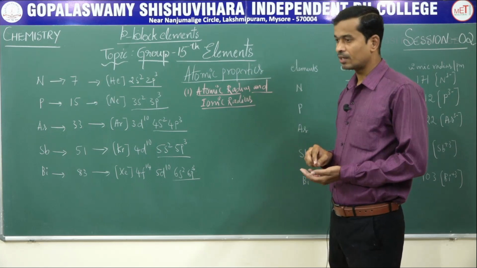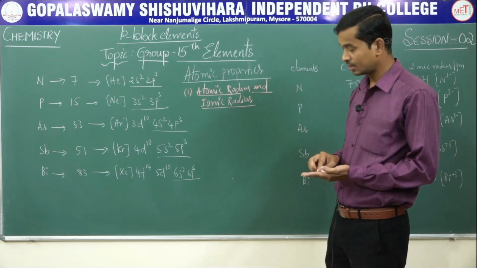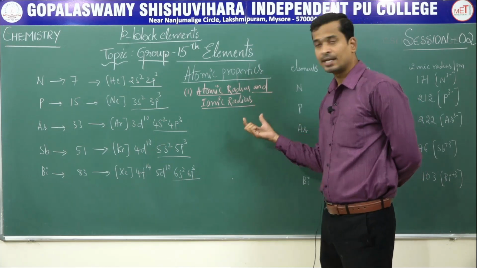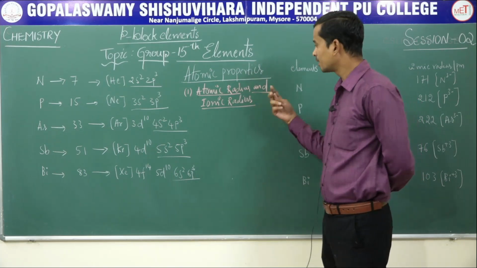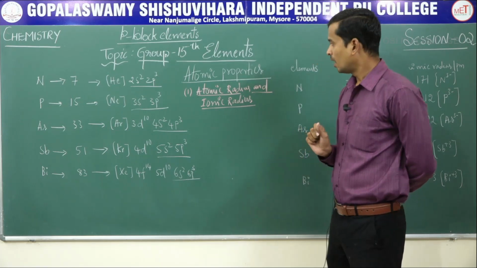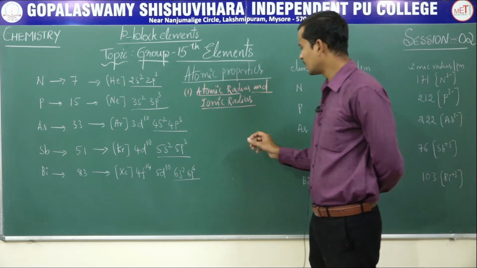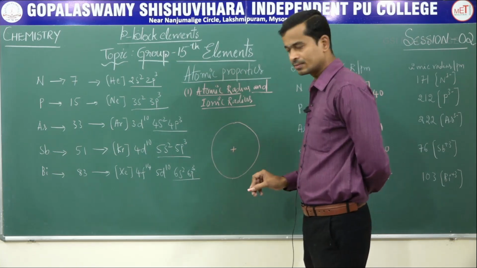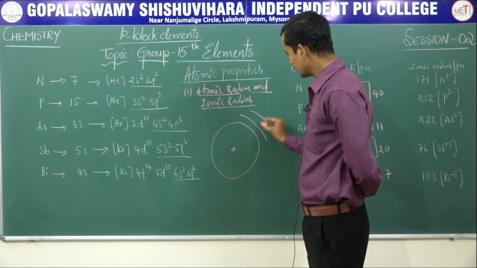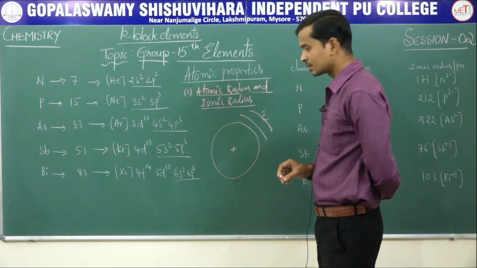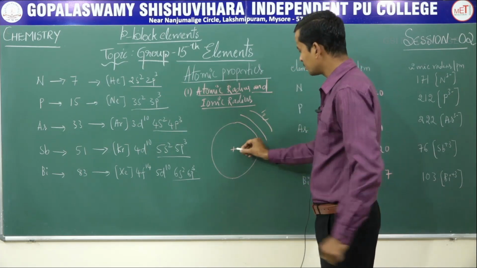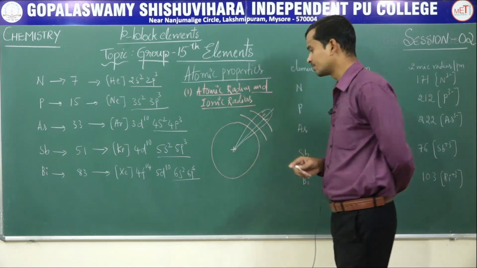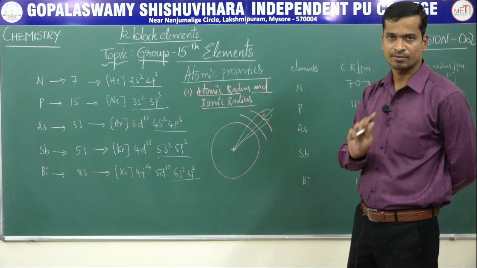You have studied in your first PUC chapter, general classification of elements, how to define atomic radius and ionic radius. Atomic radius, the general definition: the center is a positive charge, and the electron present in the valence shell is called valence electron. It is the distance between the center of the nucleus and the outermost valence shell electron. It's called atomic radius.